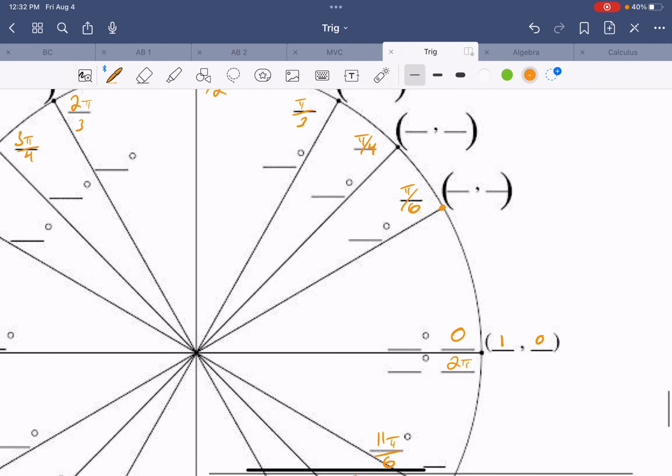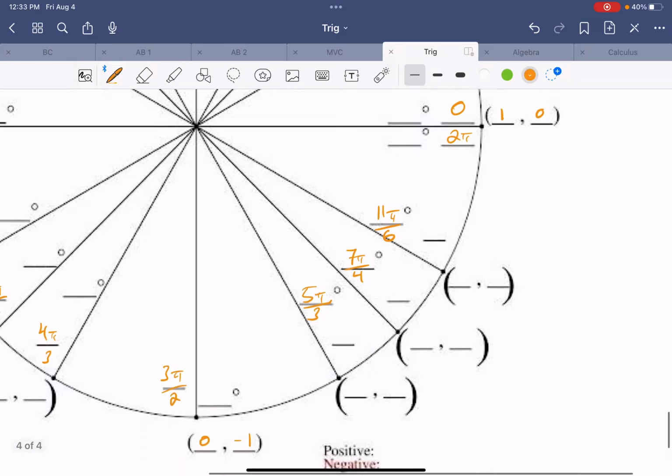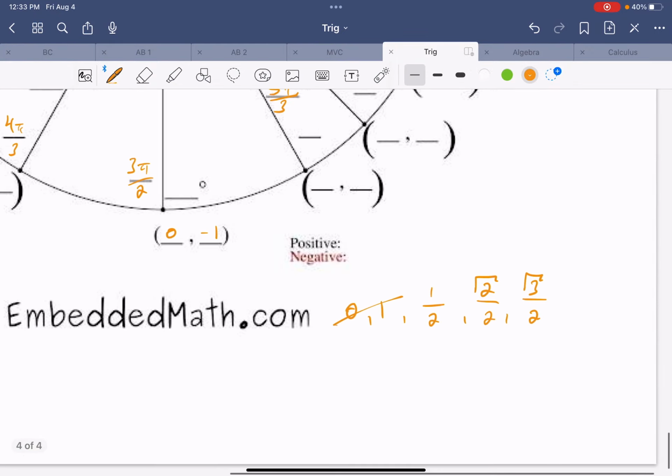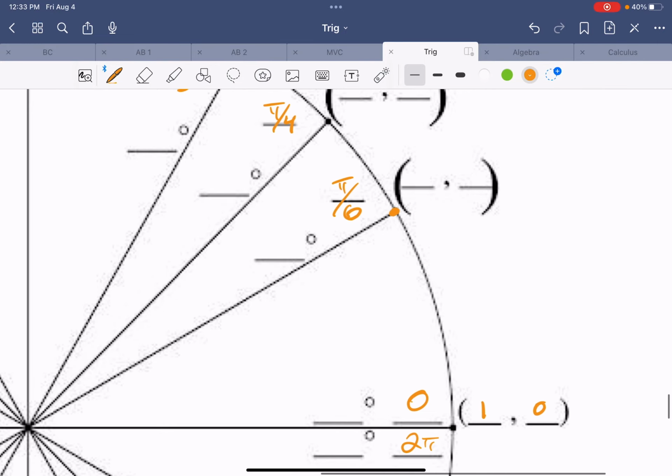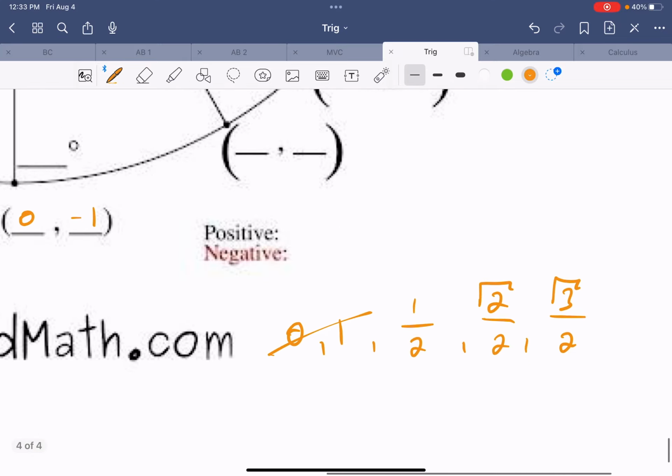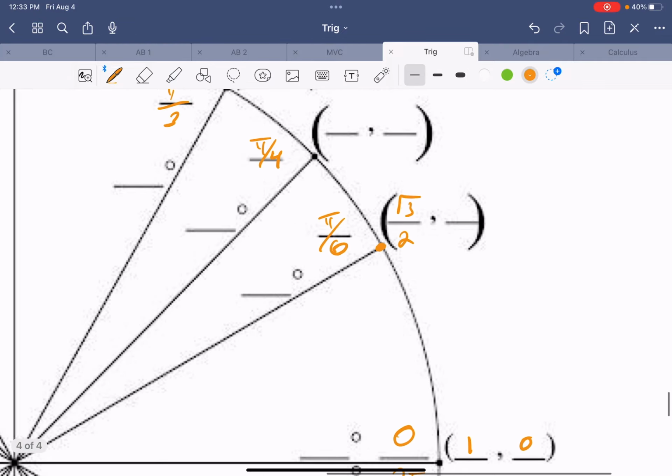So my x-coordinate, the horizontal distance, has to be the biggest of these 3 fractions. And the biggest of the 3 fractions is root 3 over 2. And then my y-coordinate has to be the smallest of the 3 fractions. And the smallest of the 3 fractions is 1/2. So there's my coordinate, root 3 over 2, and then 1/2.